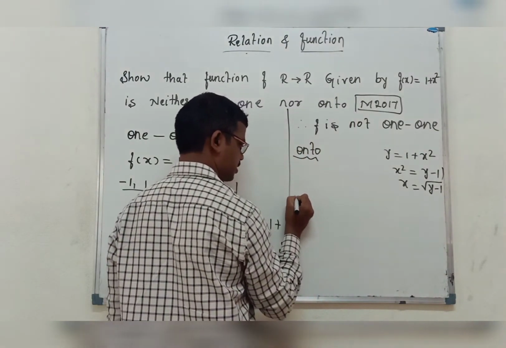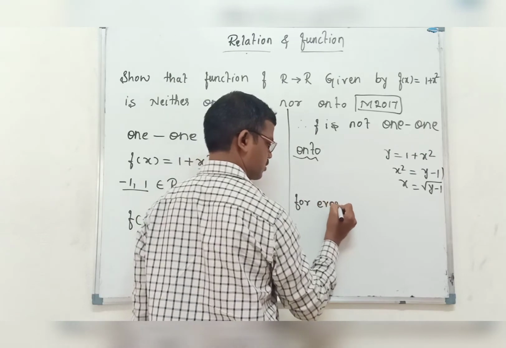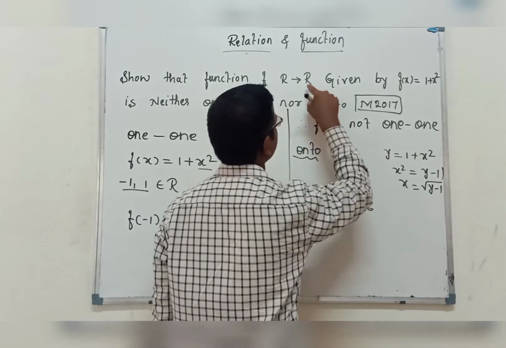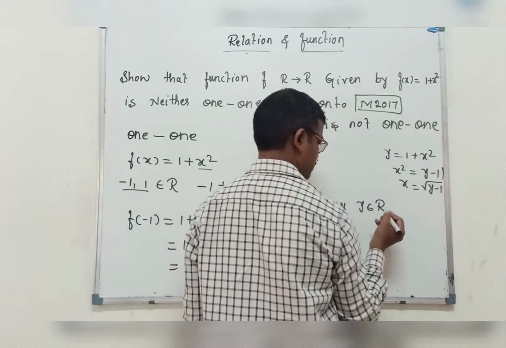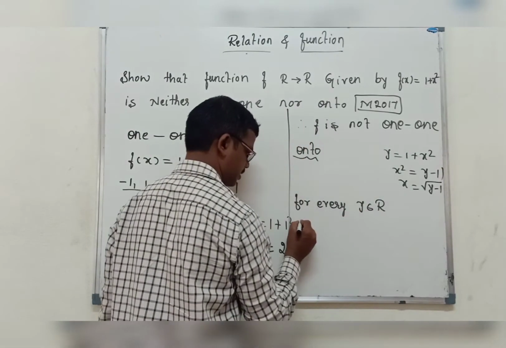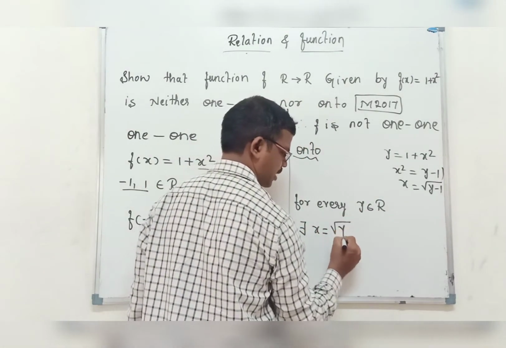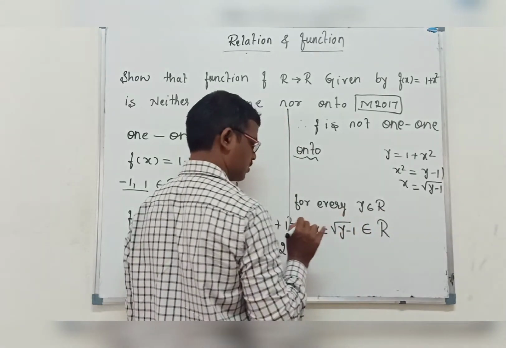So what is the condition we have? For every y belonging to the real numbers, there exists x = √(y - 1) belonging to R or not?